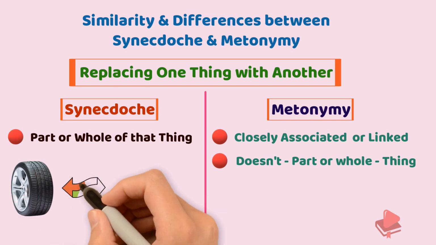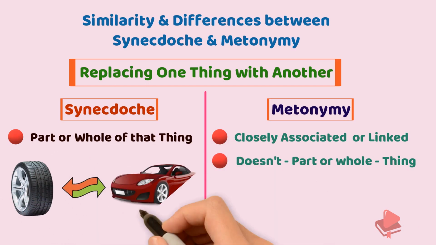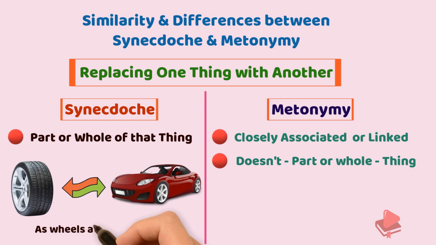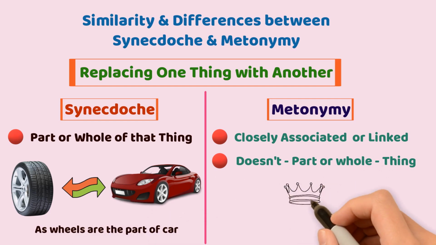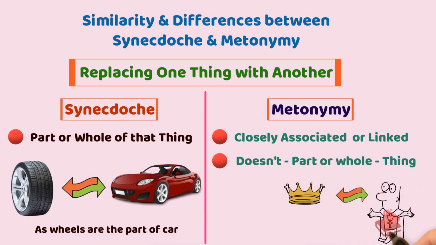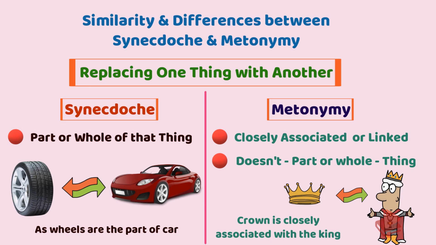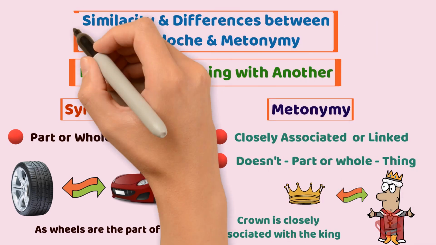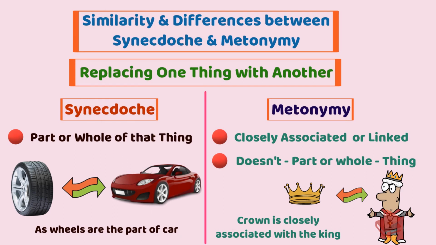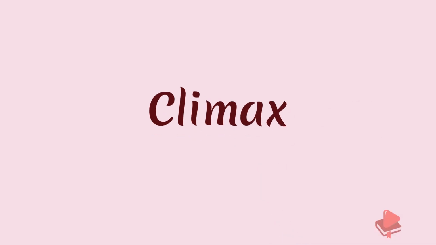So, when wheels are used for a car, it is synecdoche, as wheels are a part of the car. While when the crown is used for the king, the crown is not a part of the king, but it is closely associated with the king. So it is metonymy. Now I think we are clear on the similarity and difference between synecdoche and metonymy. Let's see the next figure of speech, that is climax.